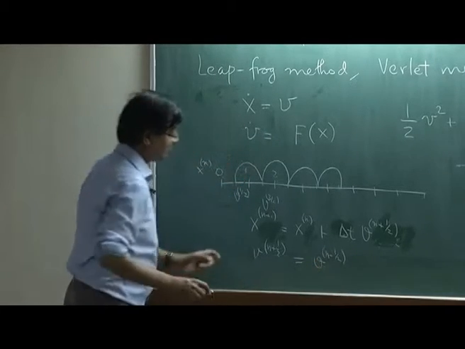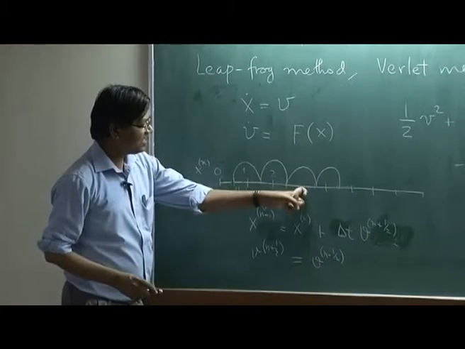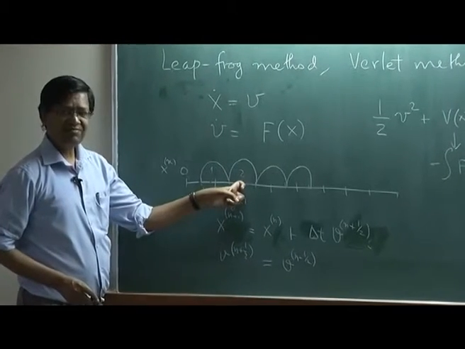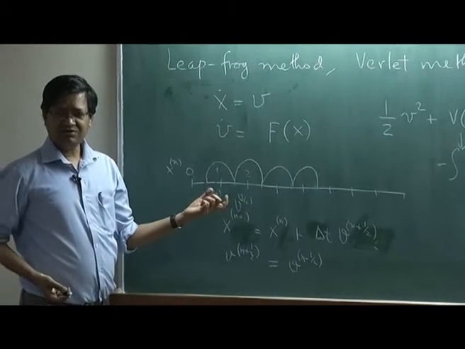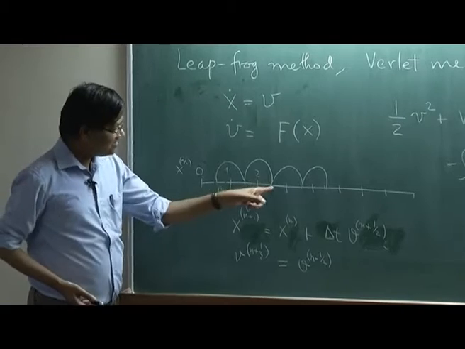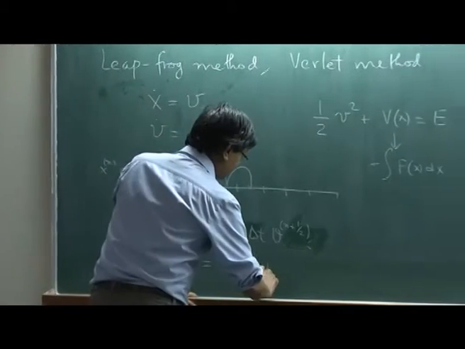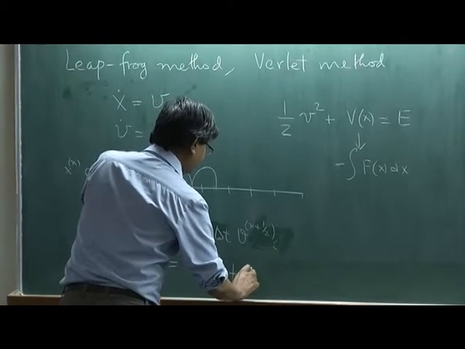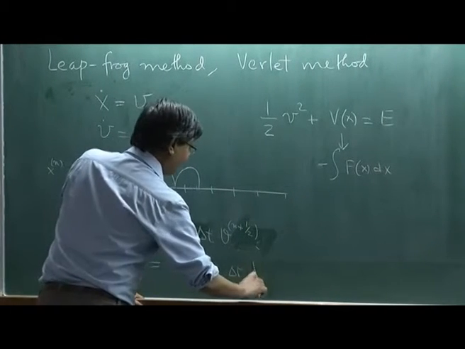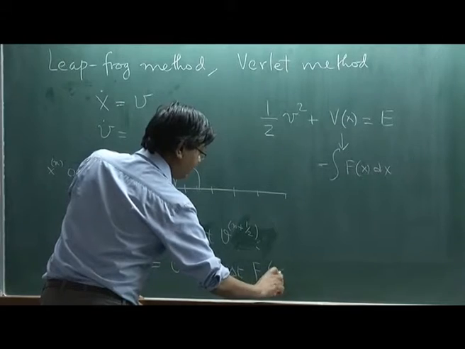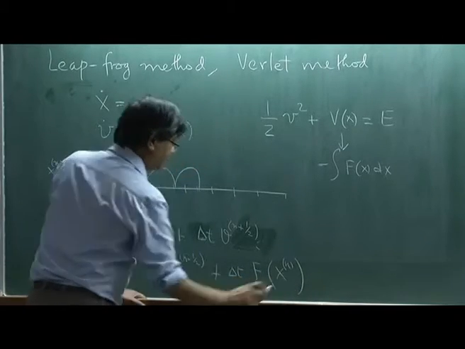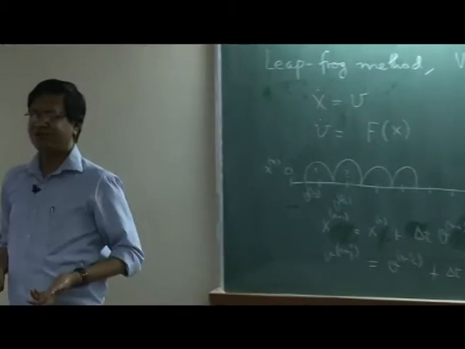So let us say I am here, n plus half, n minus half. Where should I compute the force? Force here at the midpoint again. So that is delta t times f of x_n. So this is called the leapfrog method or Verlet method.